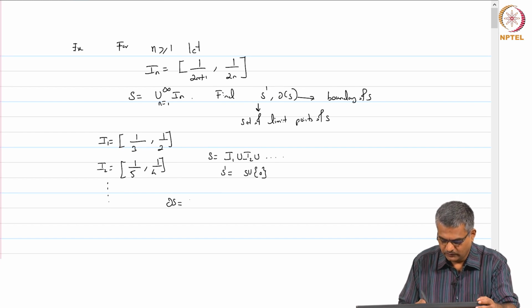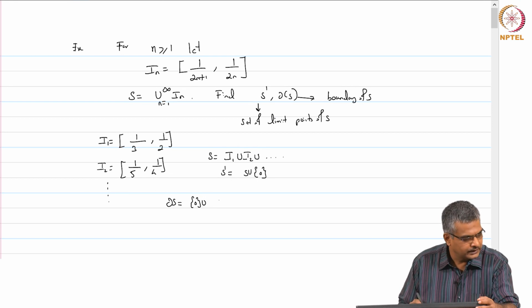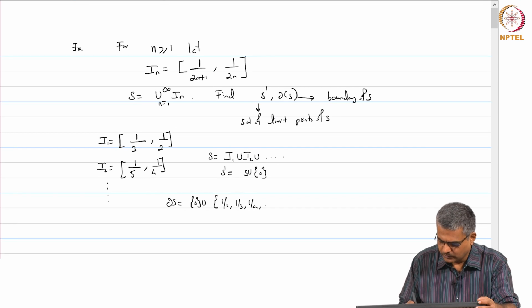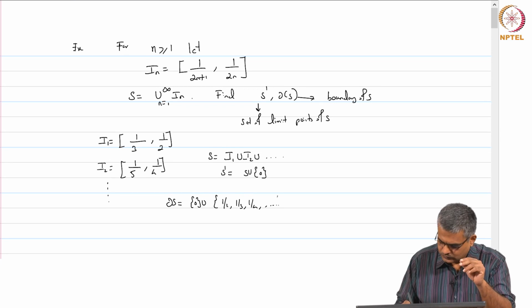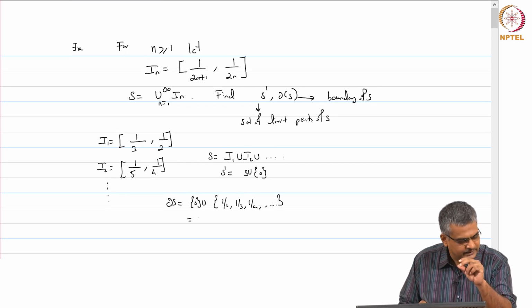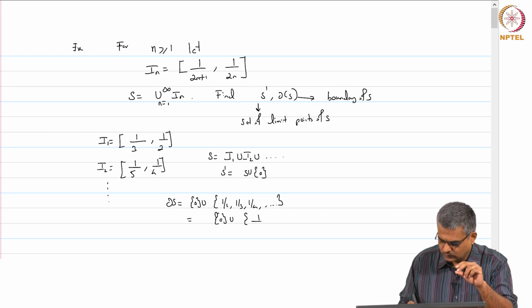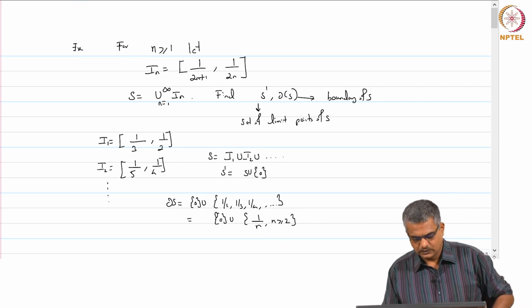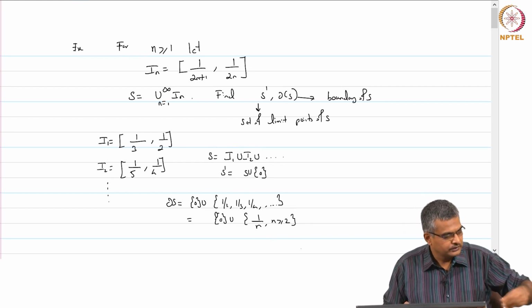So, the boundary of S contains 0 also, and then the union of 1 by 2, 1 by 3, 1 by 4 and so on. We can write this as 0 union the set 1 by n where n is greater than or equal to 2. So, this is the boundary of the set S.